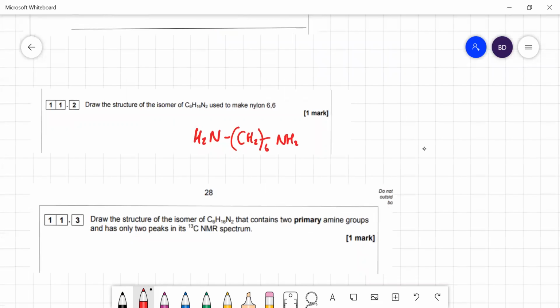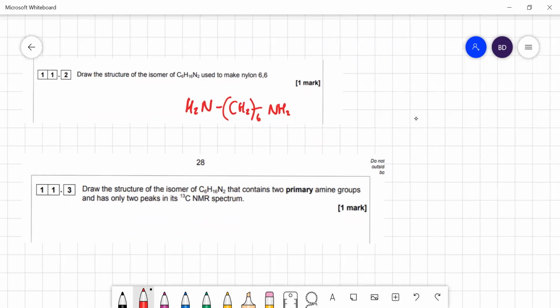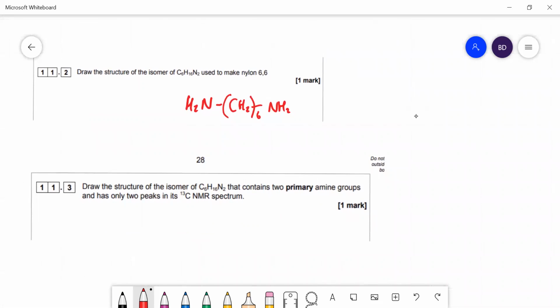Okay, draw the structure of the isomer of C6H16N2 that contains 2 primary amine groups, and it's only got 2 peaks, so we're going to have a lot of symmetry going on here. So let's think. We're probably going to have an NH2 at each end, and we've got 6 carbons to think about.